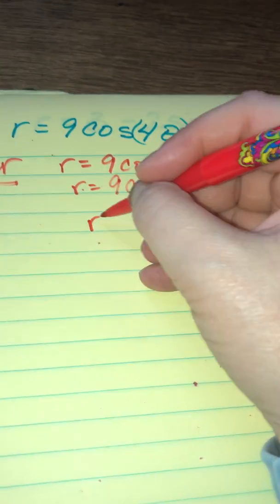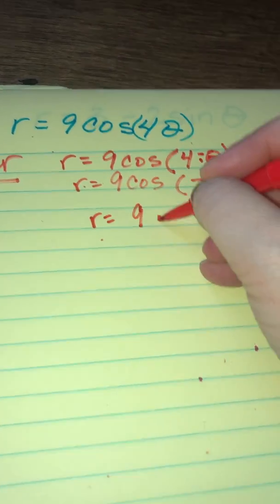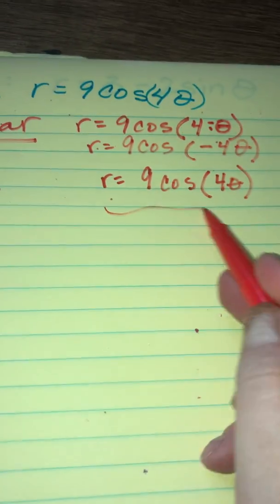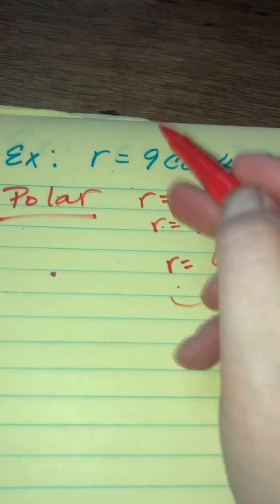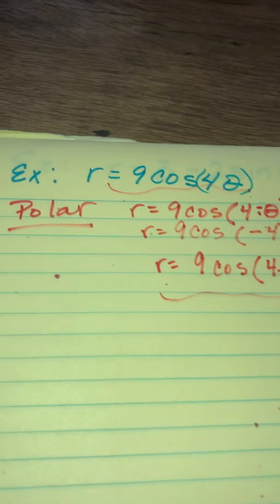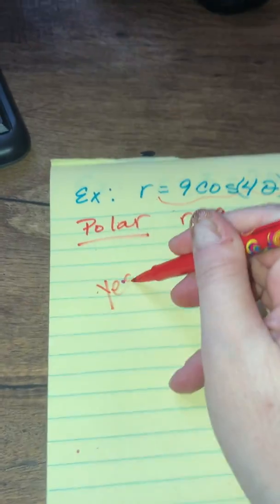So that means cosine of negative 4 theta is just r equals 9 cosine of positive 4 theta. And since this end result is exactly like the beginning, that means yes, it's symmetric to the polar axis.